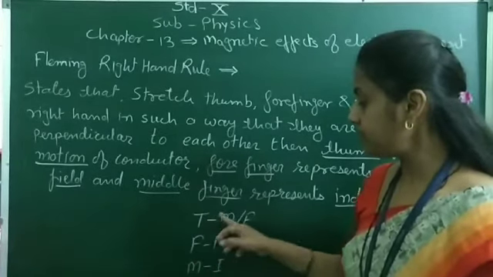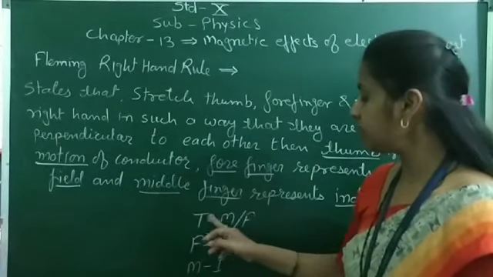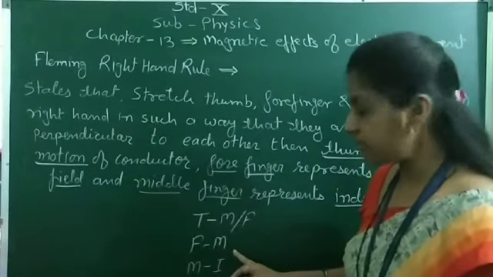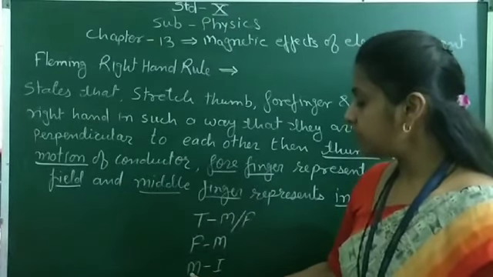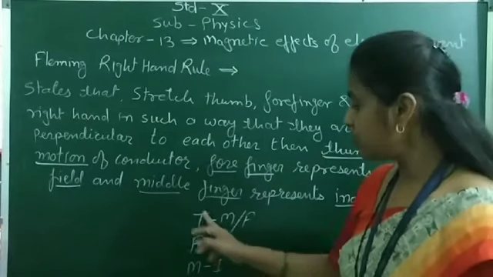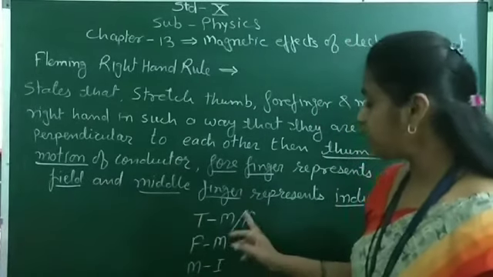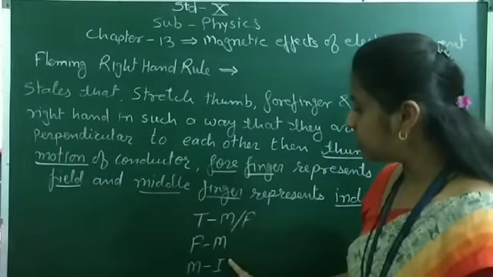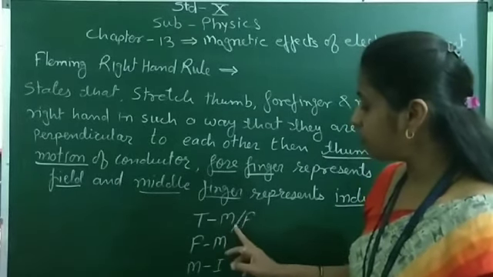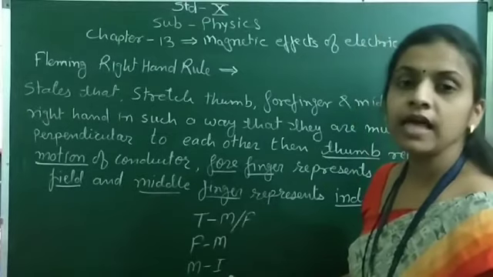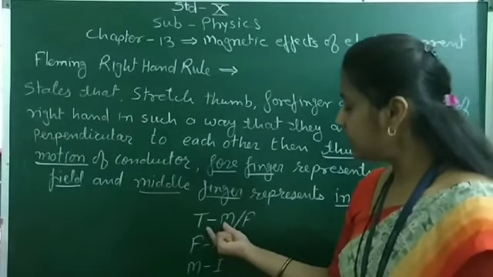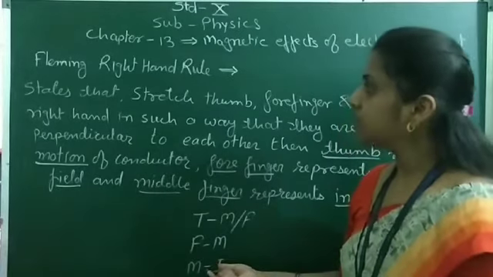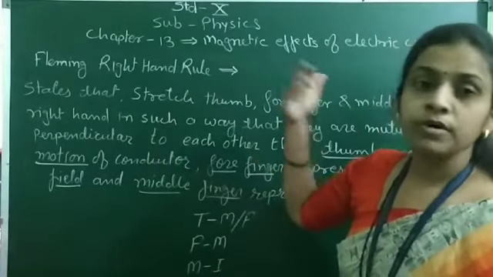Thumb represents motion of conductor or force on a conductor, forefinger represents magnetic field, and the middle finger represents current. So here we use the fingers for the direction of motion or force, then magnetic field and the current. So Tm, Fm, Mi. If you remember this, then you do not need to mug up the law.